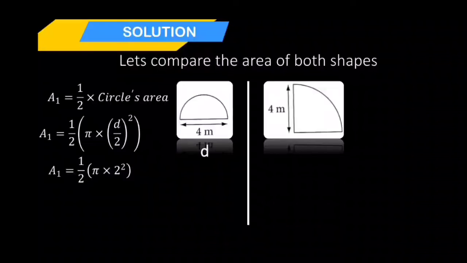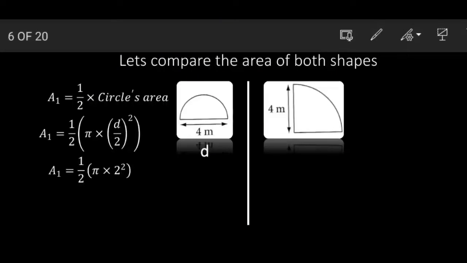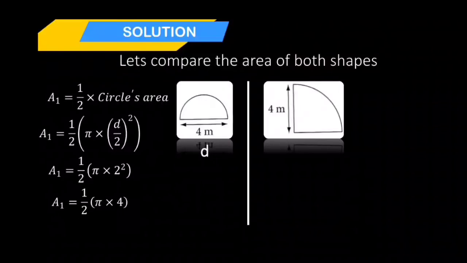So the first area is a half times π times 2 squared, and then a half times π times 4. So the first area is 2π.